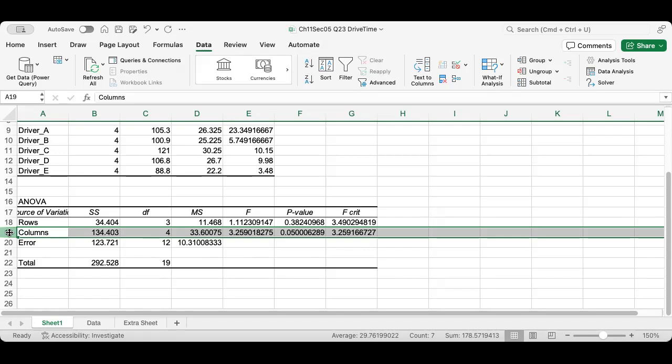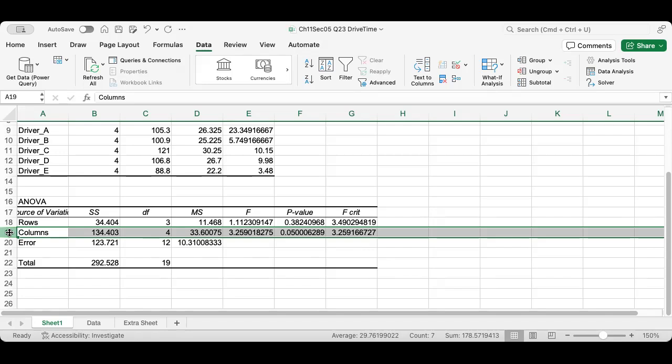The data is inconclusive for me. According to this, there's almost a reason to say, yes, your driver makes a difference. But it's right on the borderline. Can you say for certain the driver makes a difference? No. Not at 95%, or 5% sensitivity.